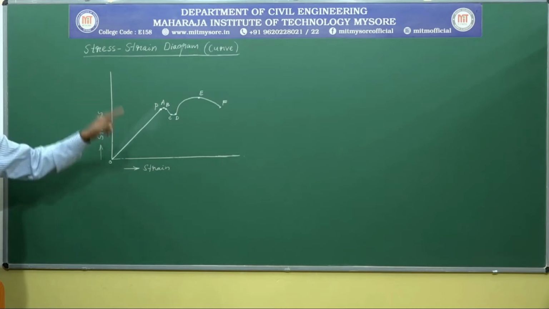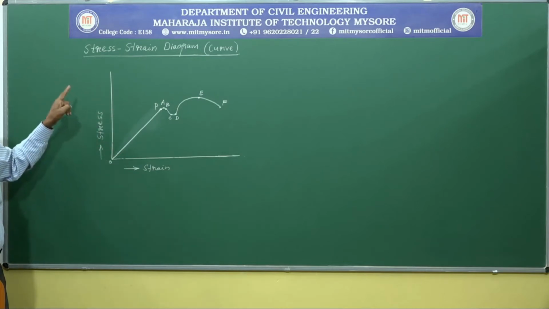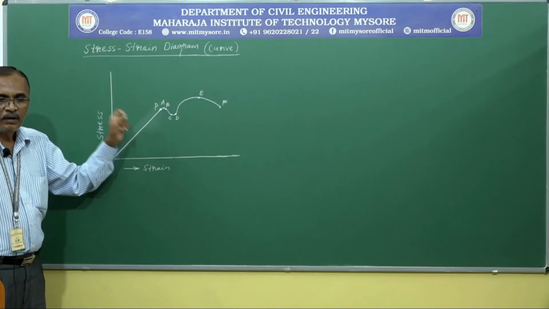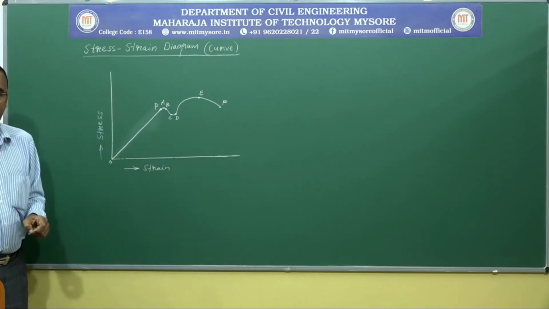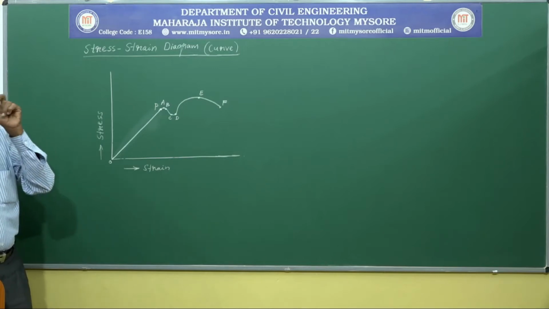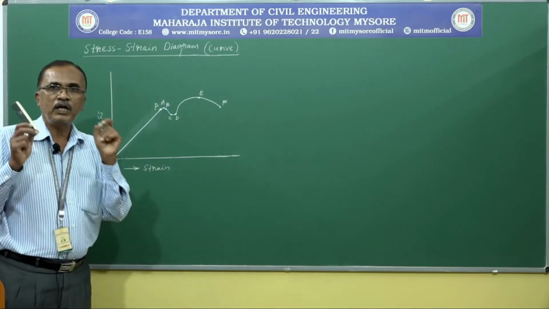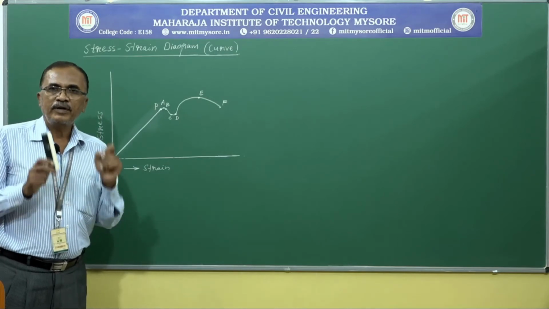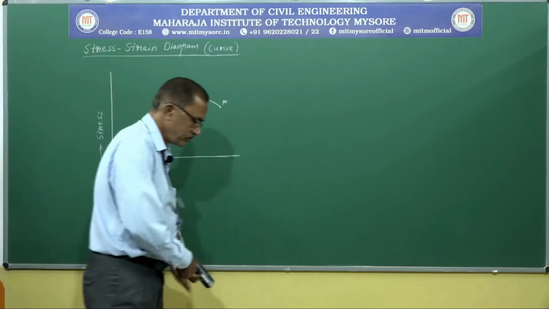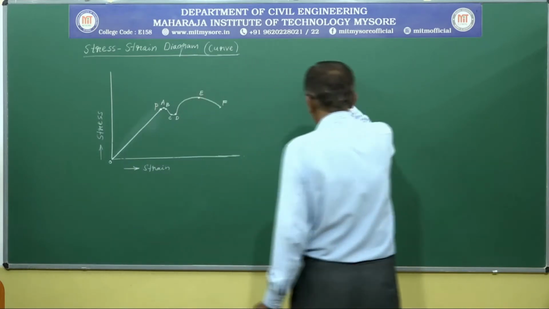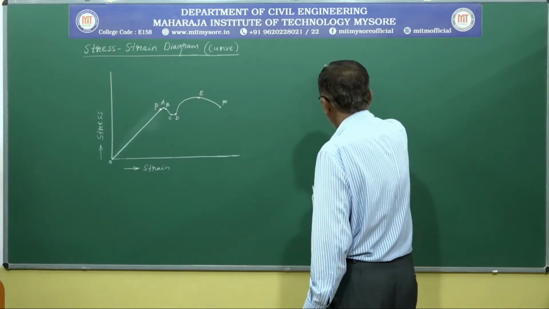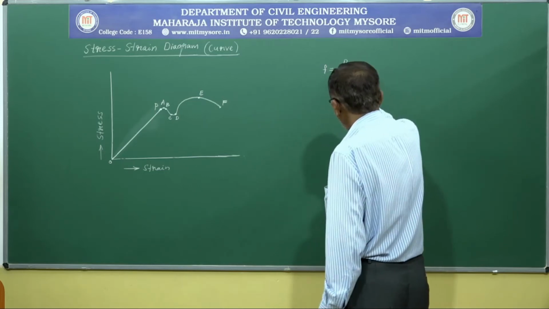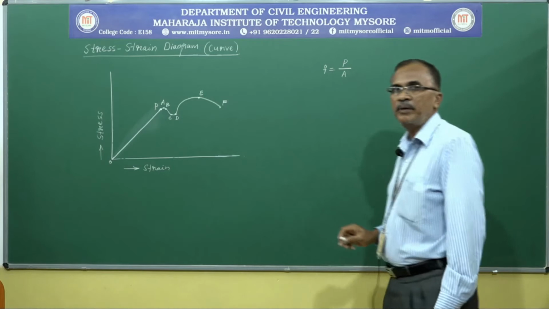So it is possible to obtain the stress strain relationship of any material. If a material is subjected to a gradually applied load during testing, we can obtain stress from the applied load P and the cross sectional area of the material.